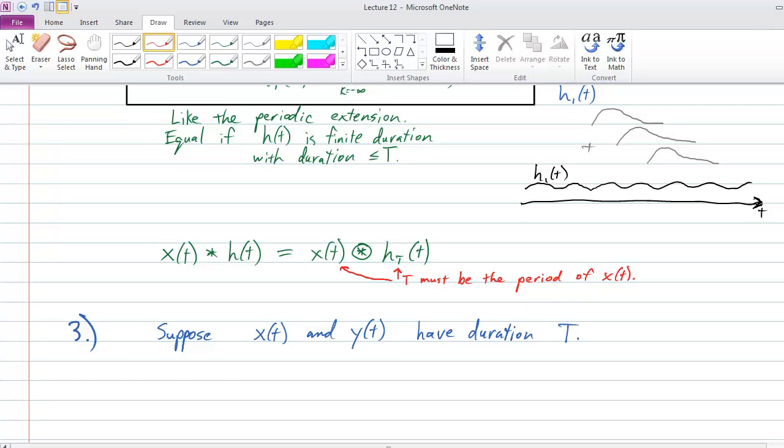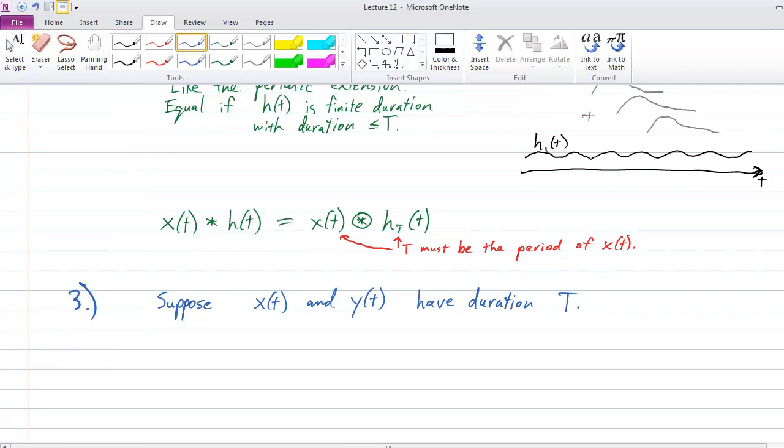Now suppose we have two finite duration signals. Then we can talk about their circular convolution. When I say duration T, we'll assume that they are on the set 0 to T. That's where they're defined.